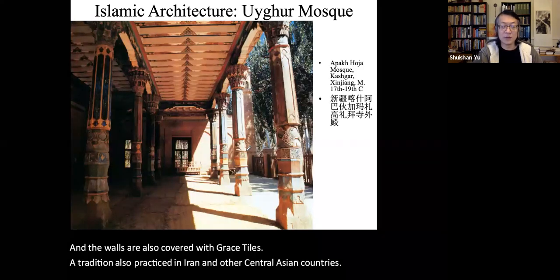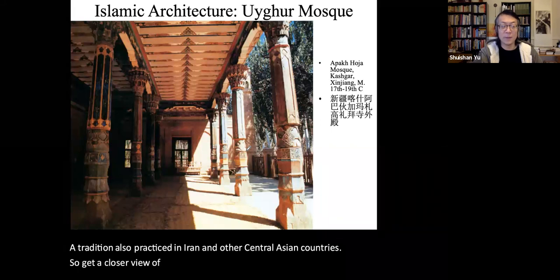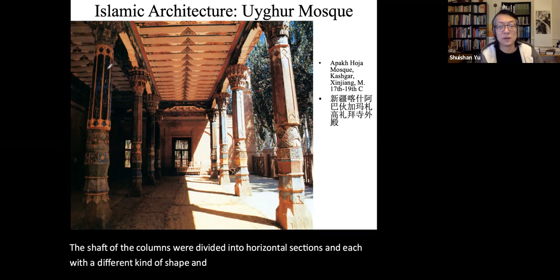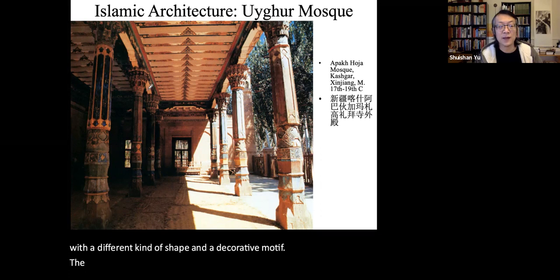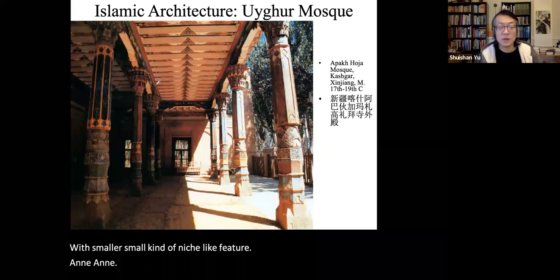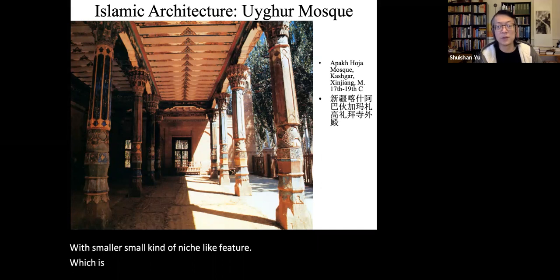So let's get a closer view of these columns. The shaft of the columns was divided into horizontal sections, each with a different kind of shape and decorative motif. And the capital is highlighted with small niche-like features, which is a three-dimensional pattern.